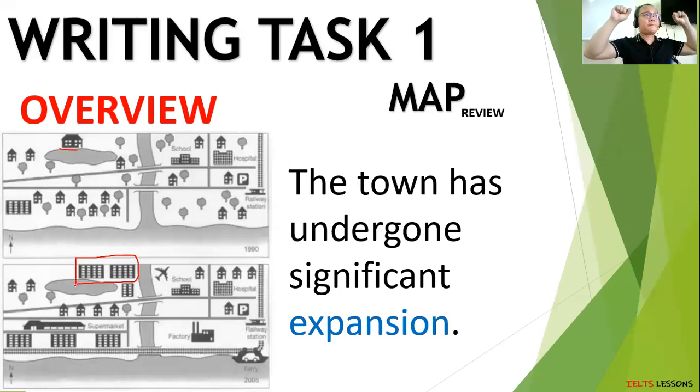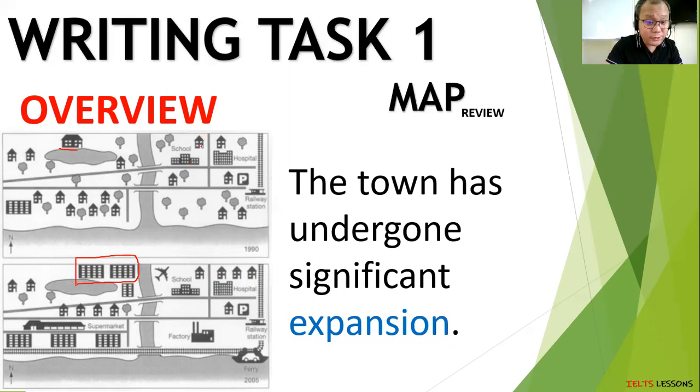Just like in writing task 1, no figures, and in writing task 1 also, maps and diagrams, no details. So don't say that there is a railway, shopping mall, etc. Those are details. So think of something bigger. So it has a significant expansion.